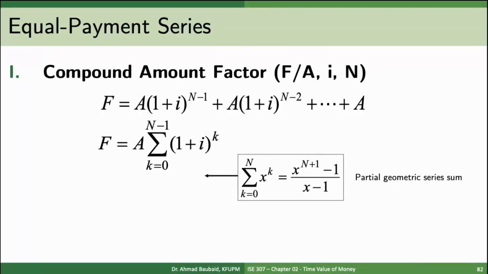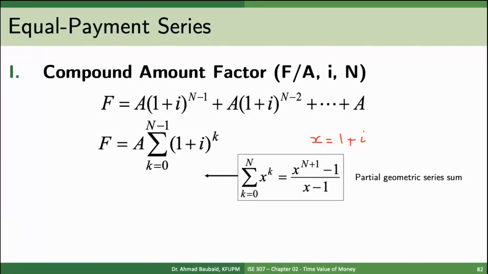And so in order to translate what I have here into something that looks like this, I need to find out what x is. So x, hopefully it's easy for you to see, is equal to 1 plus i. Right? And so then I can just substitute, right? So the formula says I need to do 1 plus i to the power of the final index plus 1. So here the final index is n minus 1. Plus 1 gives me n, right?